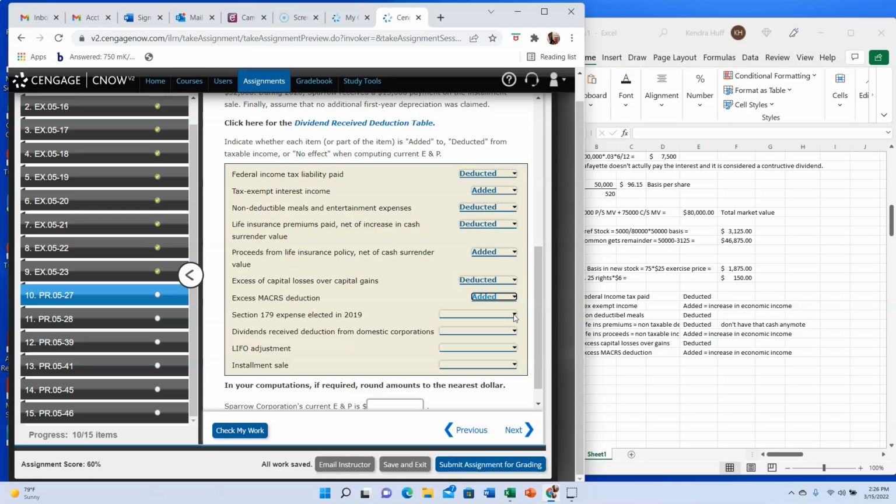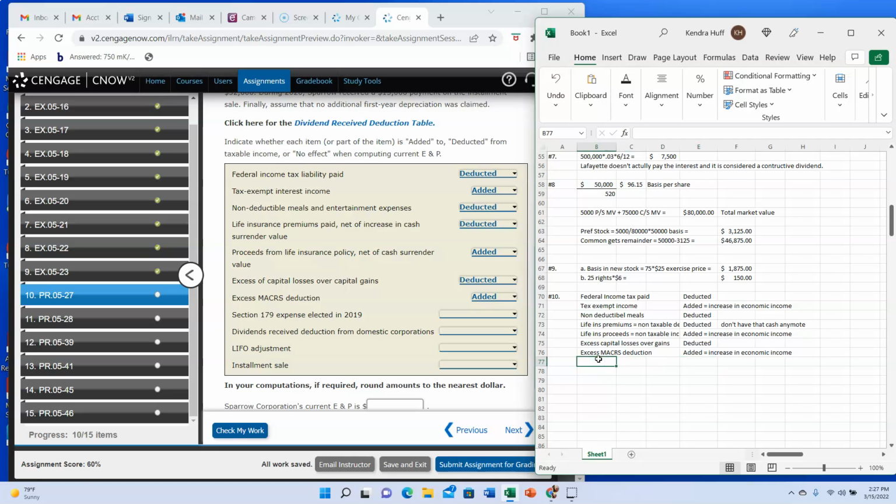All right, Section 179 expense elected in 2019. Section 179 says that we can deduct the cost of equipment and things in full instead of depreciating it out. We have to deduct this to get to E&P, and here's why.